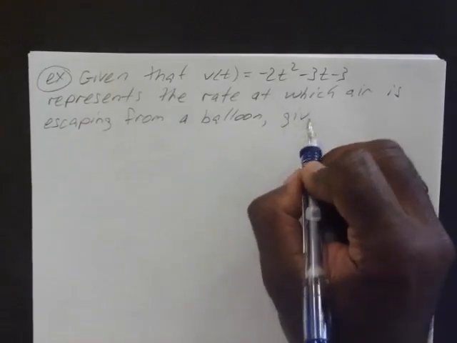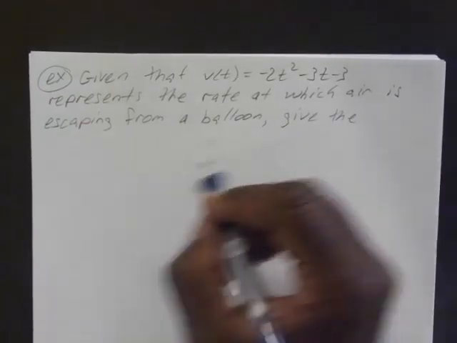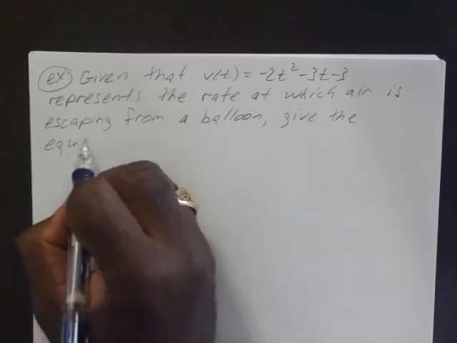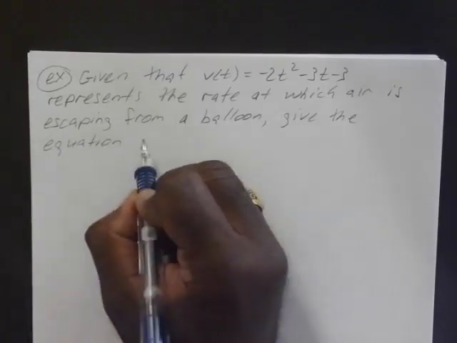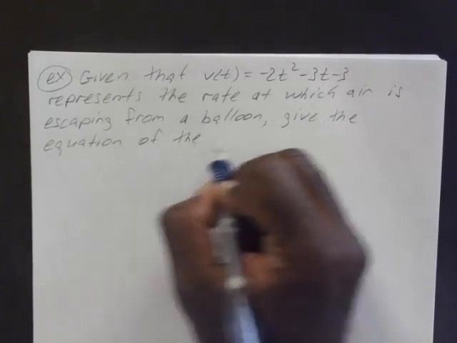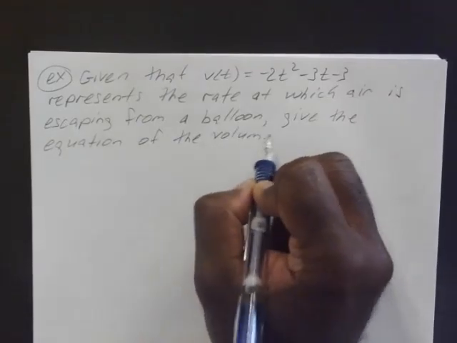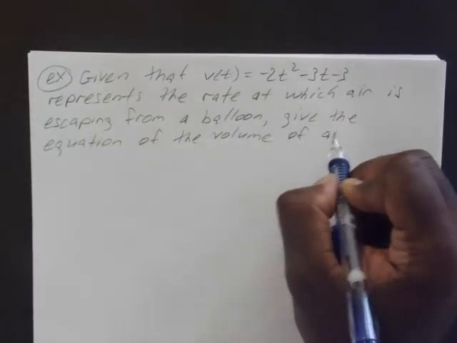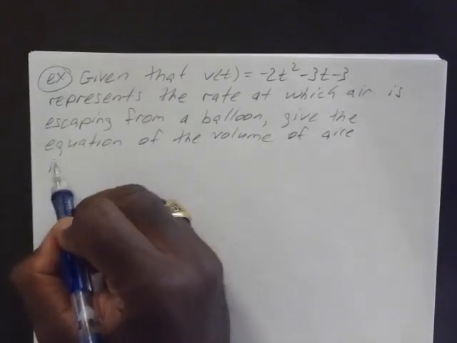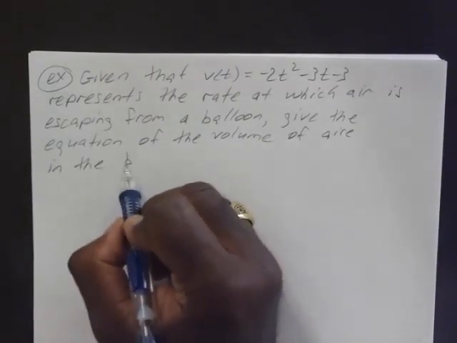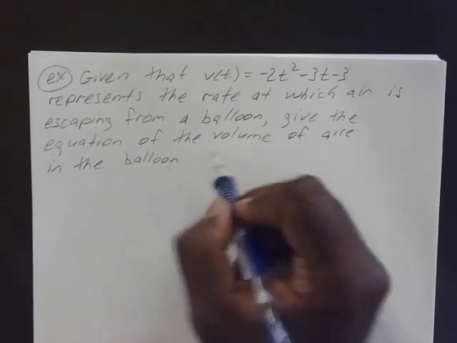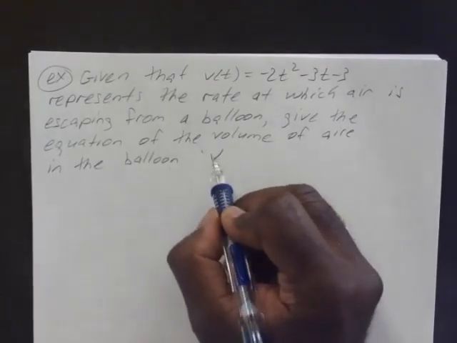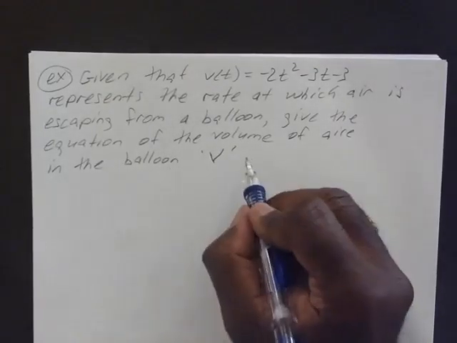Okay, so you want to give the equation of the volume of the air in the balloon, denoted by V, after 6 minutes.